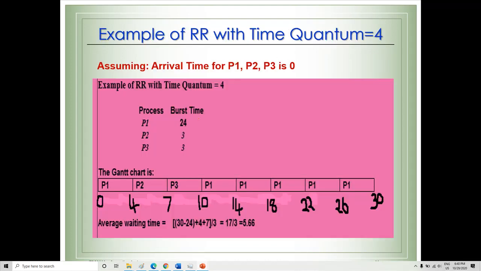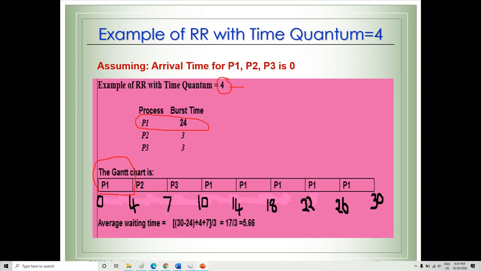Process P1 has a burst time of 24 milliseconds, which is the amount of time it needs the CPU. Initially it gets 4 milliseconds, because the time quantum means each process can hold the CPU only for 4 milliseconds for each chance.